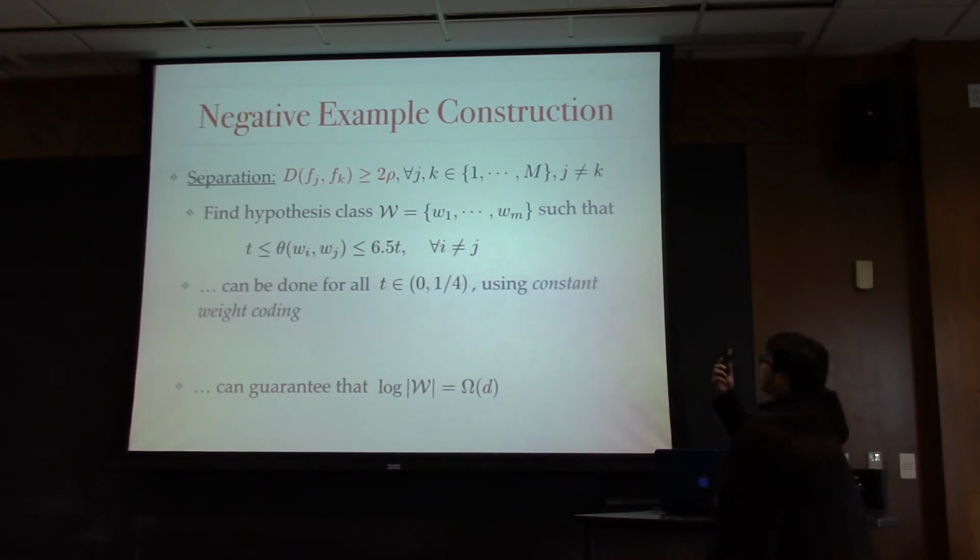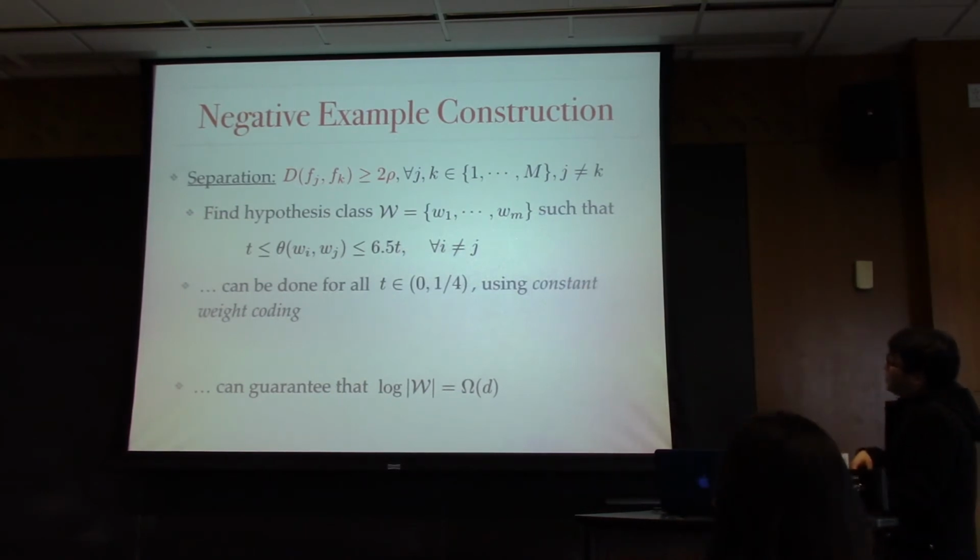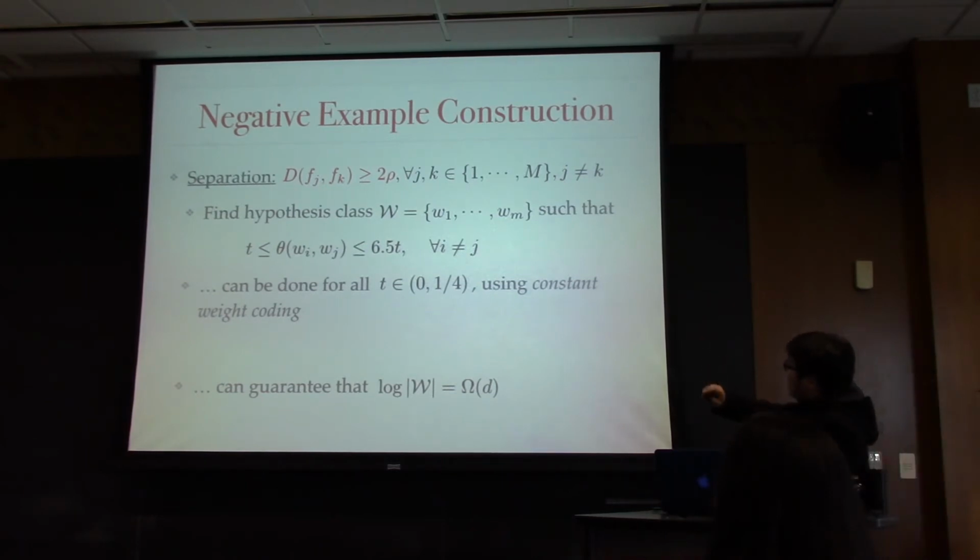So I will then talk about my negative example construction. The first thing we want to ensure is separation. For all pairs of distinct distributions in my construction, they should be quite separated.